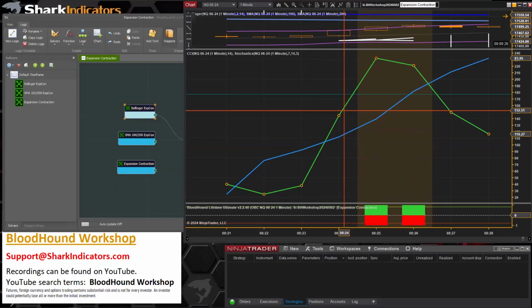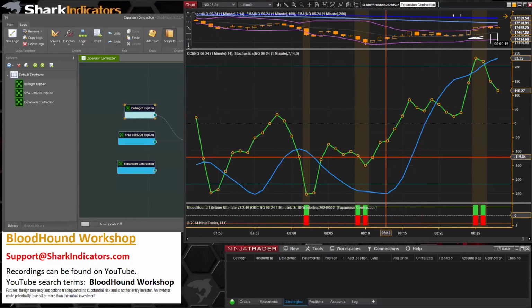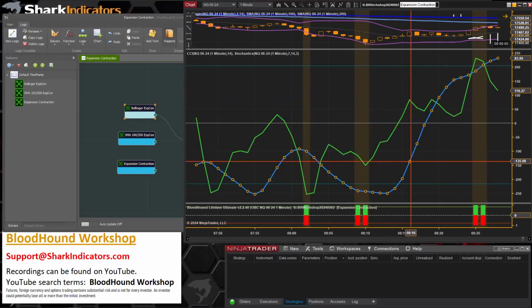It's chaotic because the CCI goes negative. Remember, that's the 0 line, so we're taking a negative number and comparing it to a positive number for the stochastics all the time.